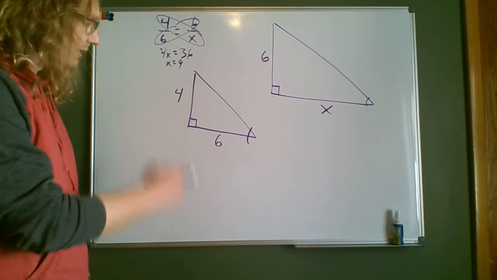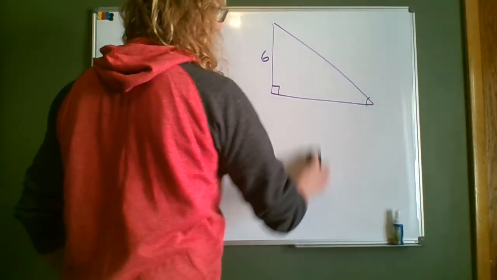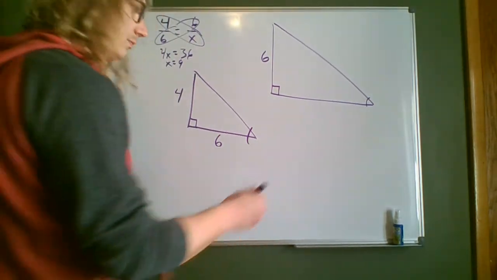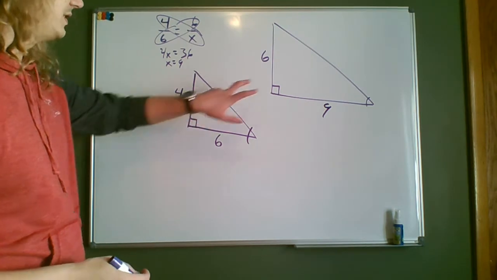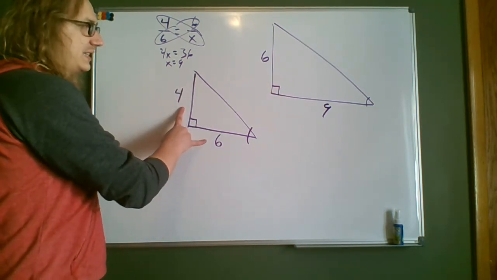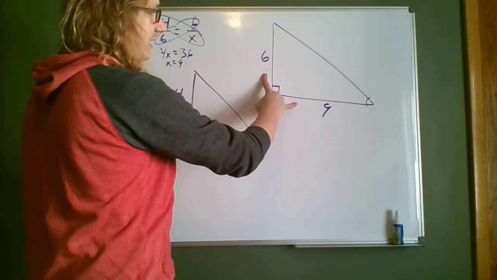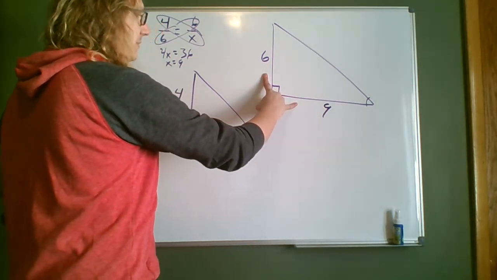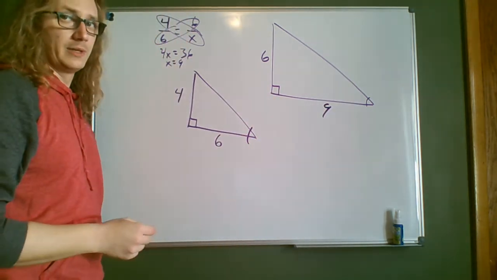The last thing that I want to talk about just a little bit here is, because this is a 9, and these are right triangles, so I know that these are both 90. This 4 and this 6 have the same ratio to each other as this 6 and this 9, which means that these angles are going to be congruent.